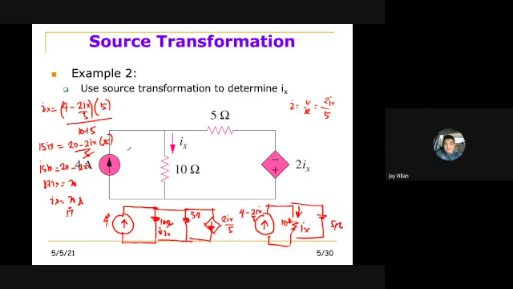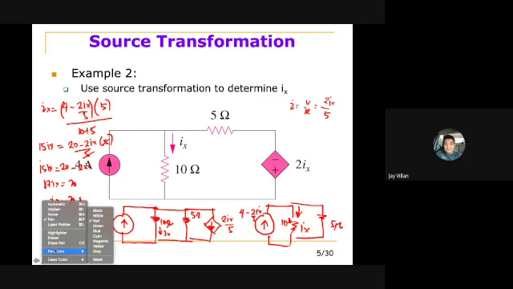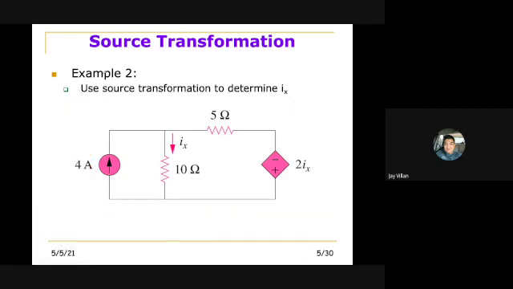Okay, check. Take note that Ix is 20 over 17 amperes. So let's erase this and check using nodal analysis. Node 1, node 2.